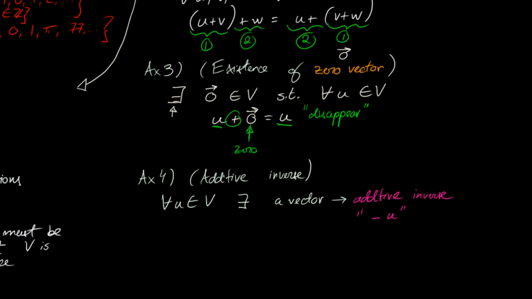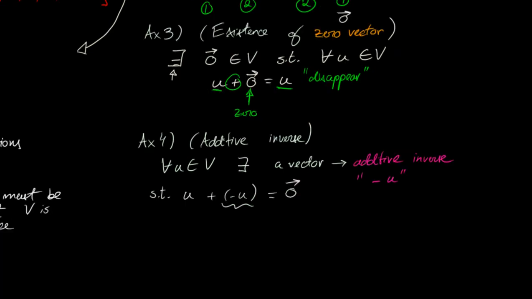And this axiom says that u plus minus u, so that's my additive inverse, equals the zero vector. So this is saying that if you take u and minus u, in other words, the opposite of u, then you'll get the zero vector. So that's the additive inverse property.